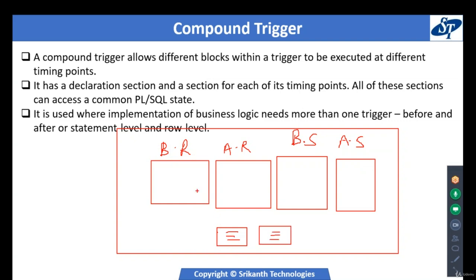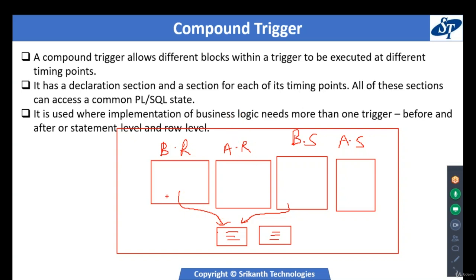And the advantage is all these blocks get access to this data. So it's one PL/SQL block with 4 different subblocks, and all of them have access to some variables. So this is ideal for implementing some complex business logic. This is called a compound trigger.